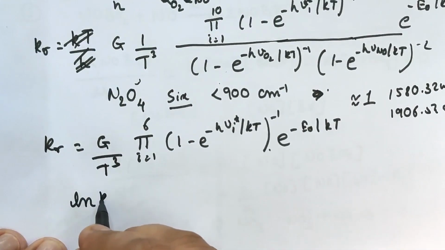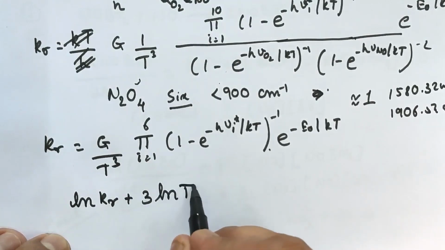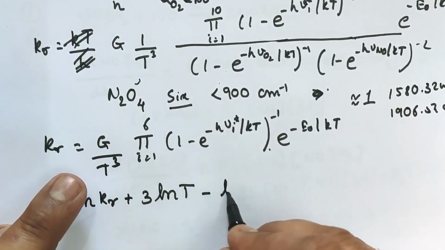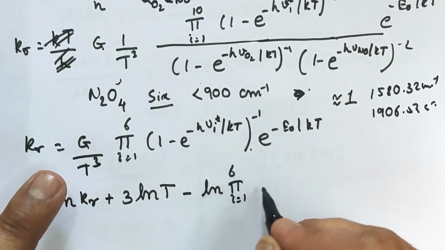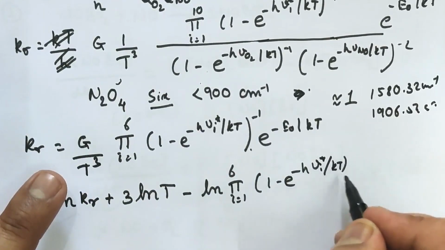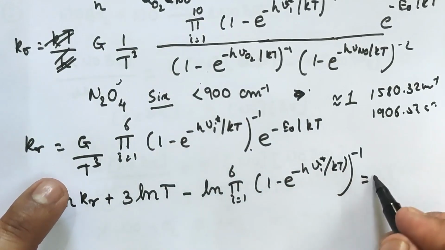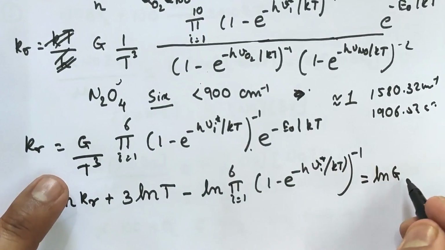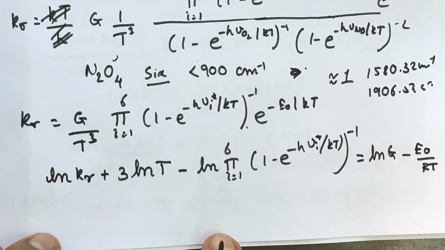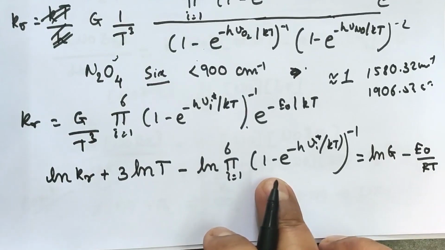So when we take the logarithm, we can write ln kr plus 3 ln T plus ln of the product over i from 1 to 6 of (1 minus e^(-hνi*/kT))^(-1), equal to ln G minus E0/RT. Further, we can take both these terms together, as both have T, and write it as a function of T.